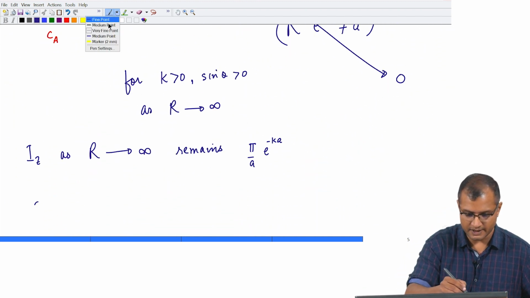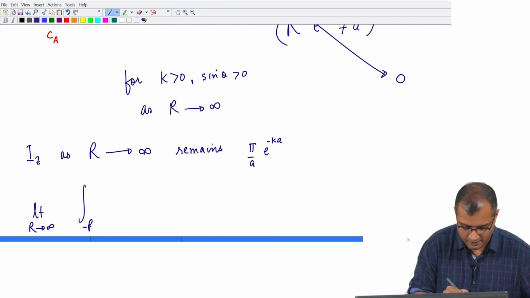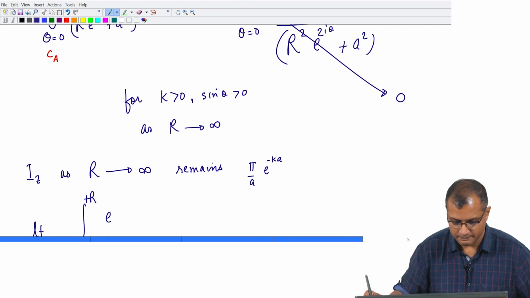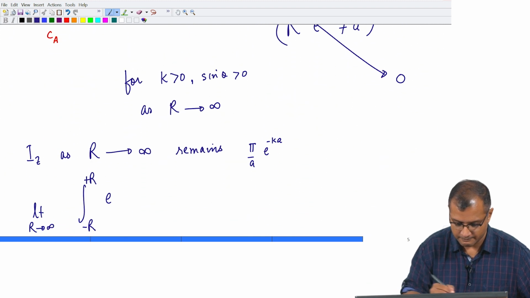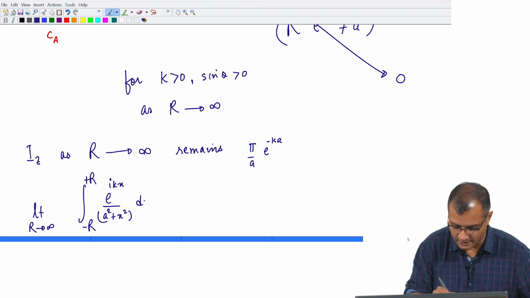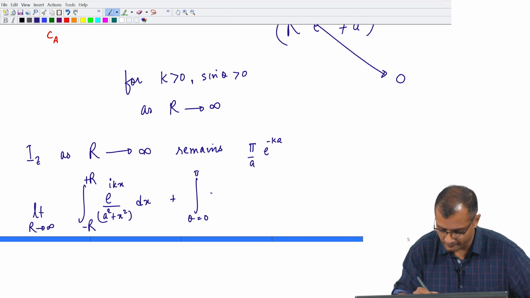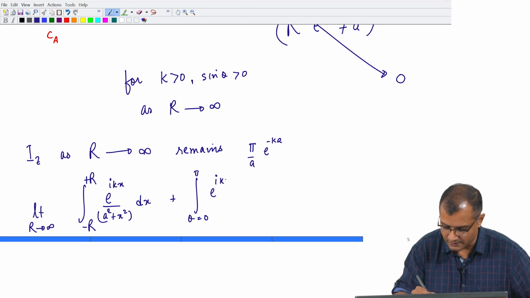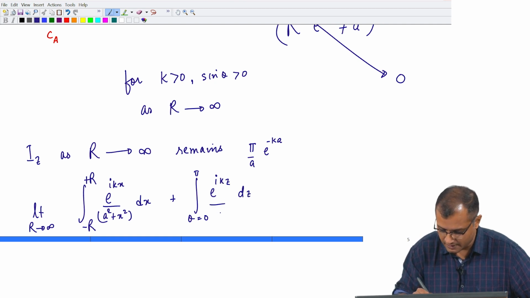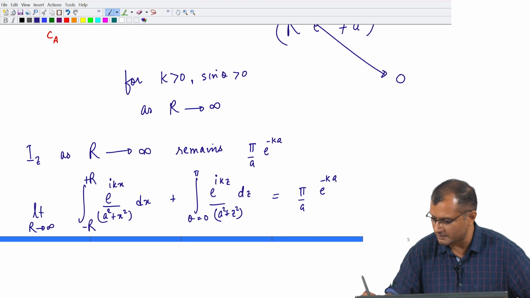So, I can now write down the entire thing as limit r tending to infinity, minus r to plus r, e to the power i k x over a square plus x square dx, plus theta goes from 0 to pi, e to the power i k z dz over a square plus z square, and I have just shown that this integral is basically pi by a into e to the power minus k a.